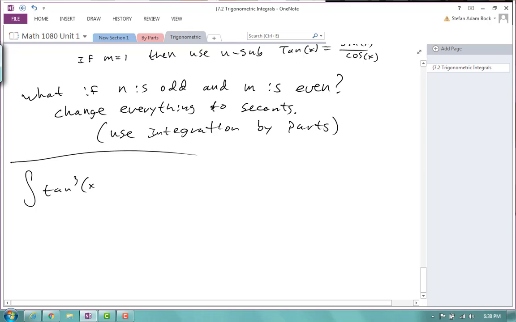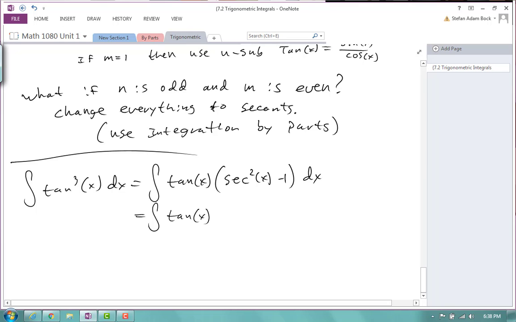So tangent cubed of x is going to be equal to, what I said was you change all but one tangent into secants. This is going to be the integral of tangent of x times secant squared of x minus 1 dx, which is equal to tangent of x secant squared of x minus tangent of x.